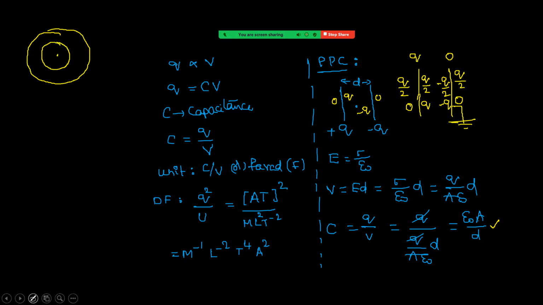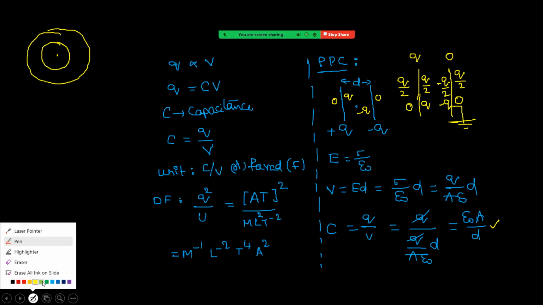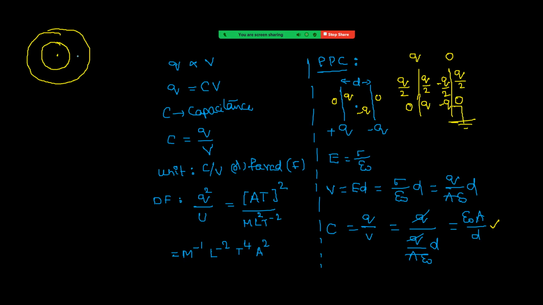Let us take the radii A and B. So take now a spherical capacitor. Inner one is A, outer one is B.